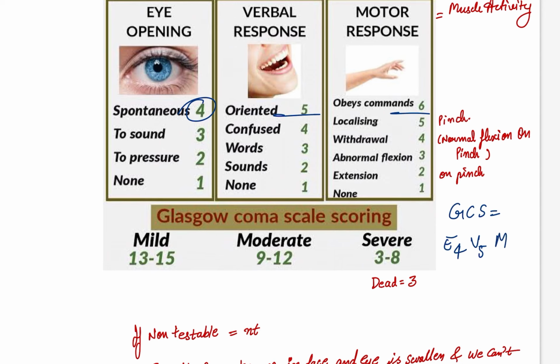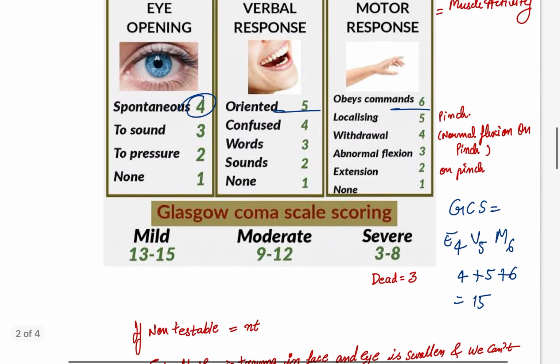We add all these, 4 plus 5 plus 6, so it becomes 15, right? 5, 10, and the total will be 15. So the GCS is 15, it's okay, mild. Mild means it's okay, no problem.